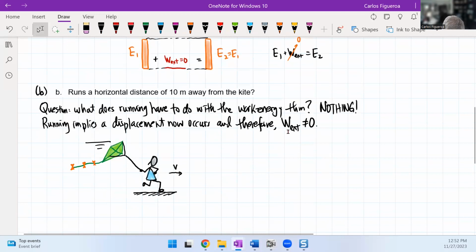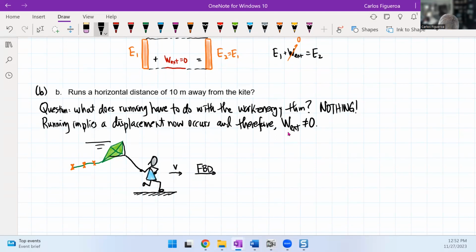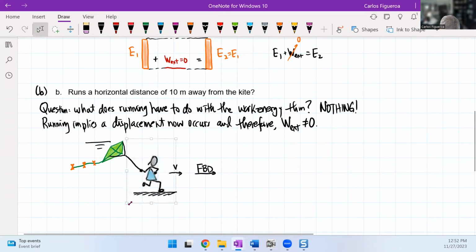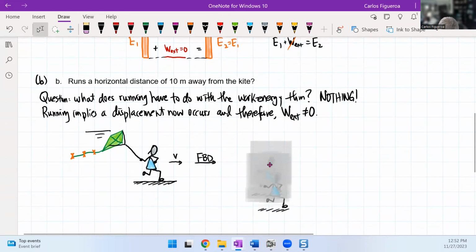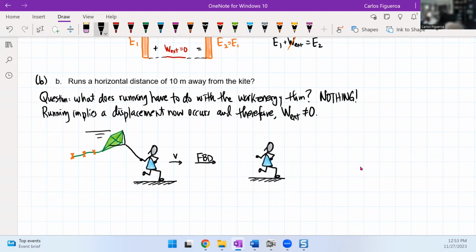So if I look at my free body diagram here, what I'm seeing is that I could take my picture of the girl here running, and if I place it right over here, there's a tension force. This is my tension vector. And now I have a displacement in that direction.